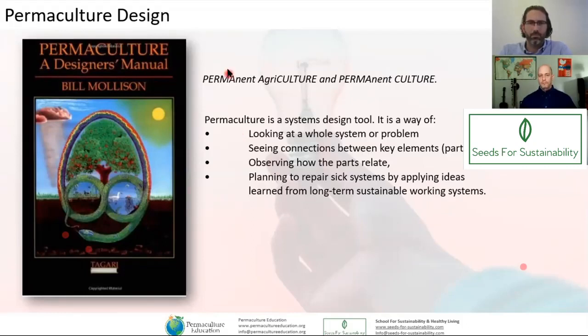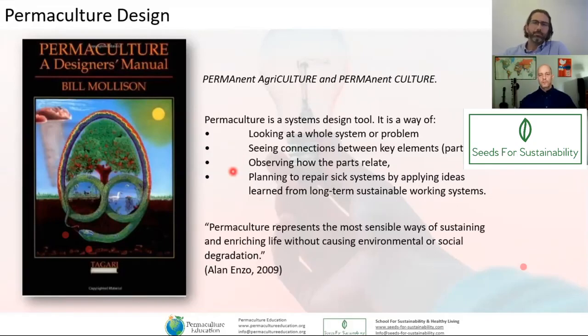Now, one of the best features of permaculture design is that it's often used when we're attempting to repair sick systems or systems that have failed or don't work.